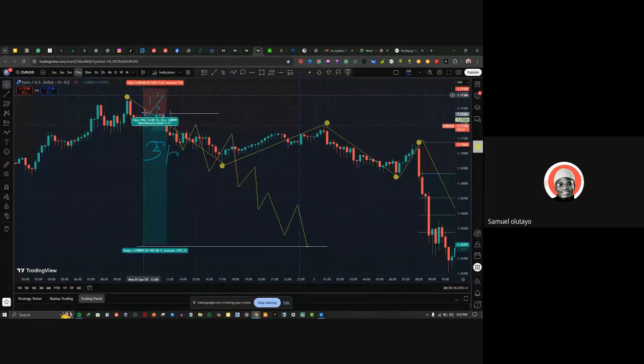Or once I risk 2%, I'm going to be making how much now? 10% on that trade. Once I'm risking 3%, I'm going to be making 15% on that trade, because this is a 1 to 5 risk to reward ratio.